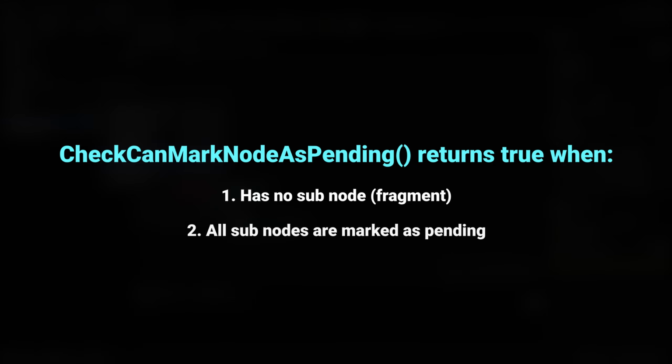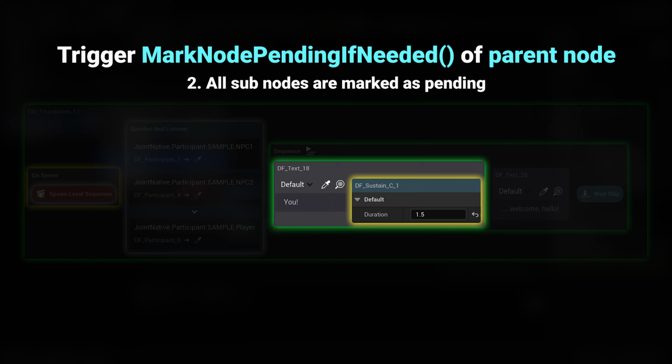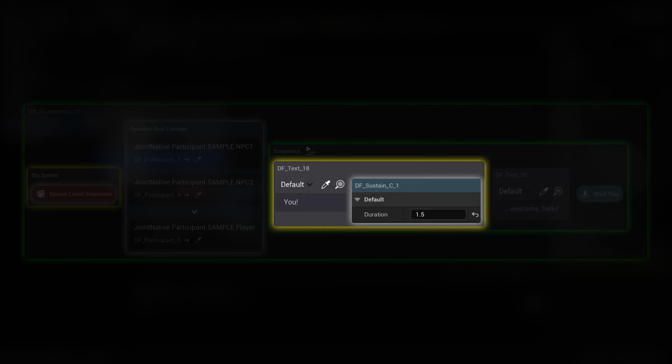By default, that function returns true when the node has no subnode in the first place, or when all its subnodes are marked as pending. So in this case, by the second rule, the parent node will be marked as pending as well. And this is how the pending states are propagated to the parent nodes.